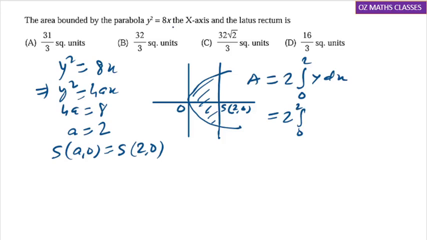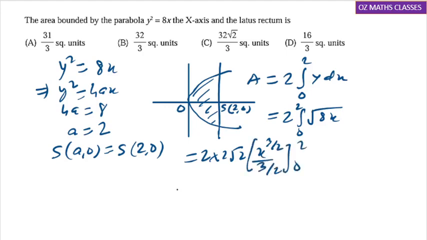So 2 times the integral from 0 to 2, and what is y? y square is 8x, so y will be root 8x. Root 8 will be 2 root 2, and the integration of root x will be x power 3 by 2 upon 3 by 2, and take the limit 0 to 2. So here 4 root 2, and take this number in the numerator, 2 by 3, and replace x by 2, and then x by 0.